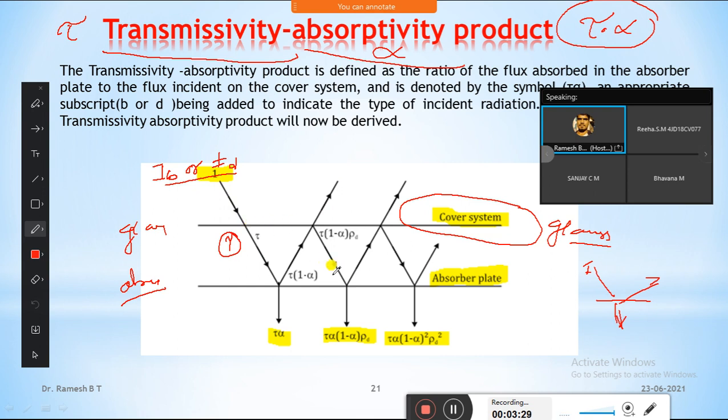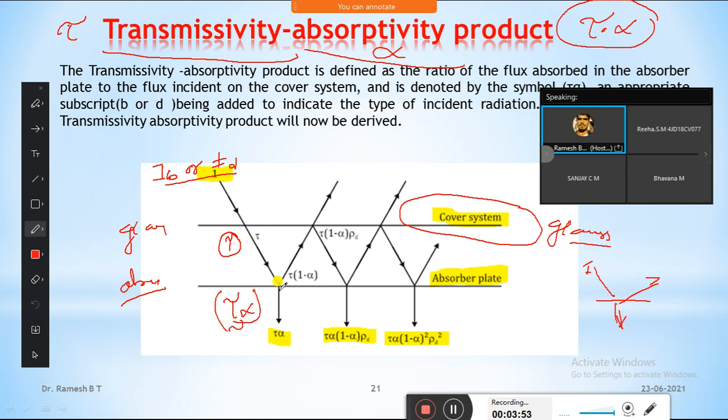Then the absorber plate should have an absorptivity, meaning how much of the heat it will trap. The product of the transmittivity tau and the capacity of the plate to absorb, called alpha, is the first thing. So tau into alpha is what first enters.